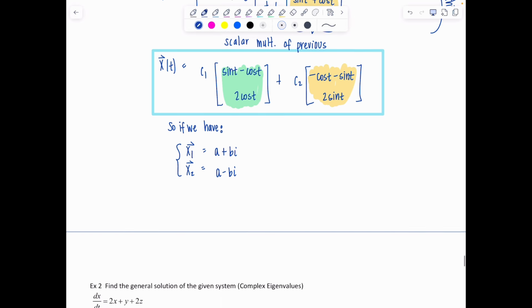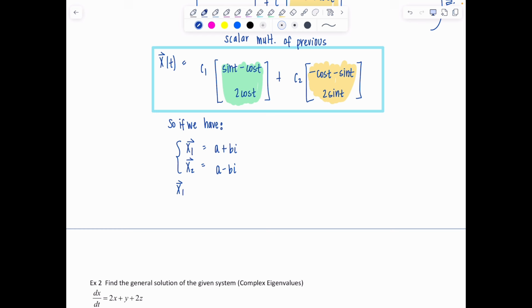So if I add these together, x1 plus x2, what would I get? Just 2a, which means I have a new solution here. So I could just say a is 1/2 of x1 plus x2. So now I have a solution that does not involve any imaginary values, right? No i's are involved. And then similarly, if you did x1 minus x2, what would you get?